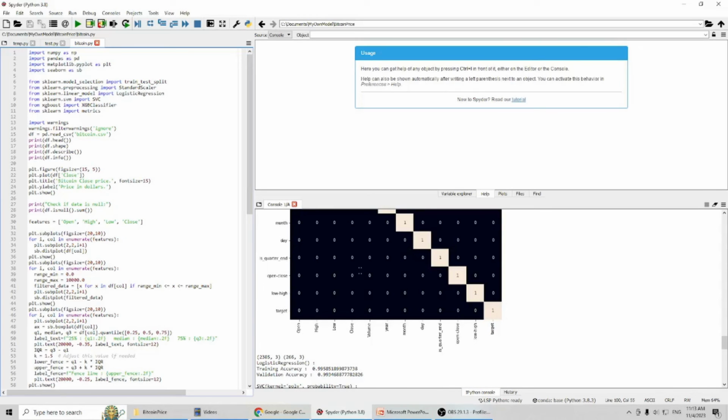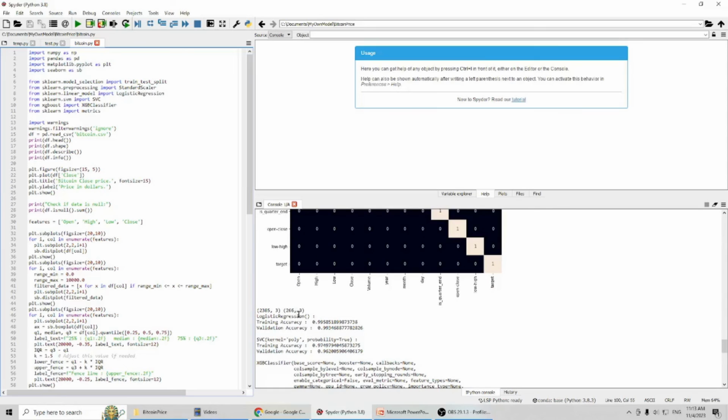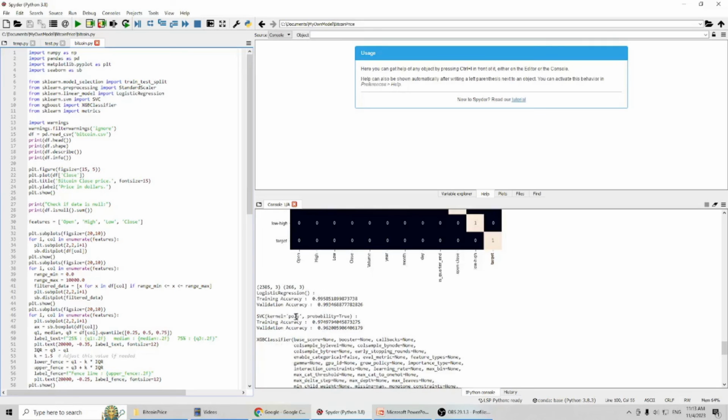Now, let's take a look at the result of our models. For this logistic regression, you can see the training accuracy is about 0.996, and the validation accuracy is about 0.993. This is very good.